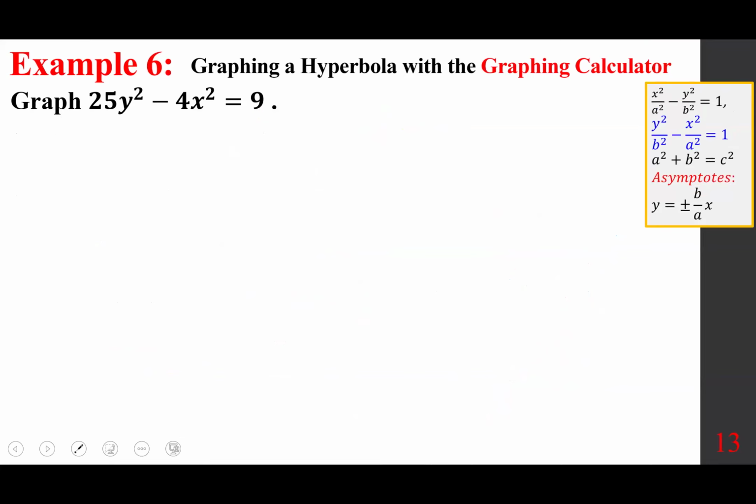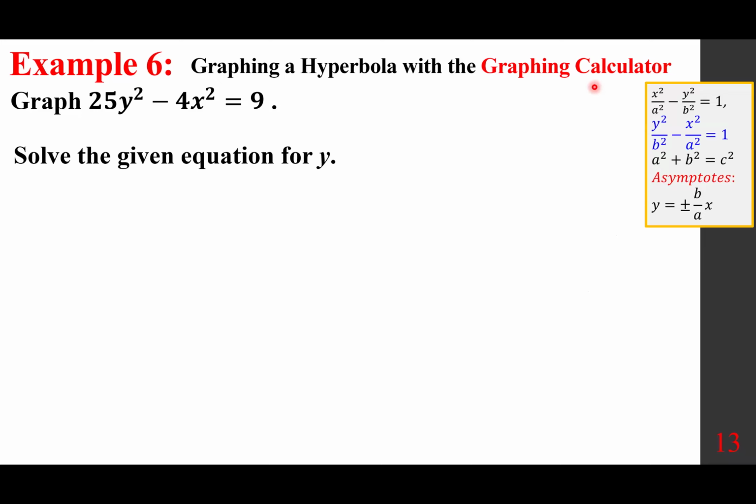Graphing a hyperbola with the graphing calculator, we've already discussed it with the elliptical shape as well. You have to solve for y if you want to use a graphing calculator.